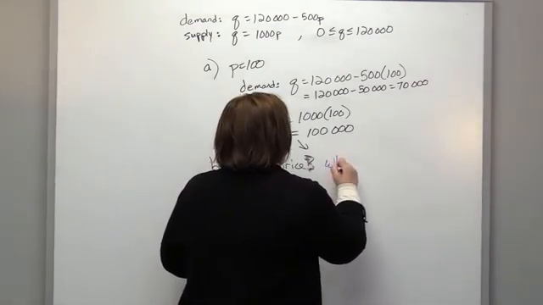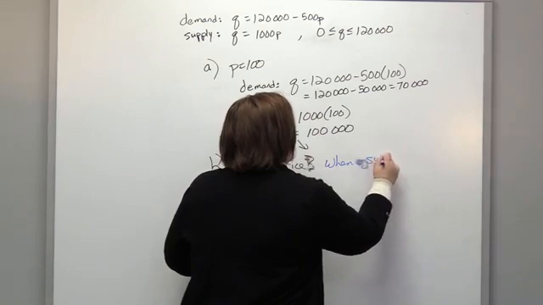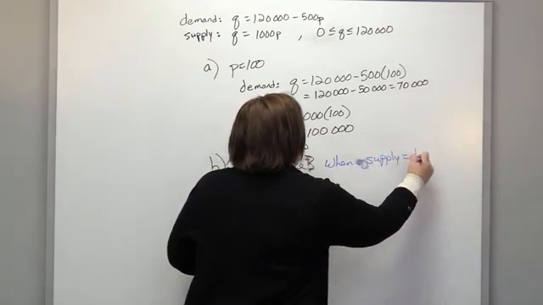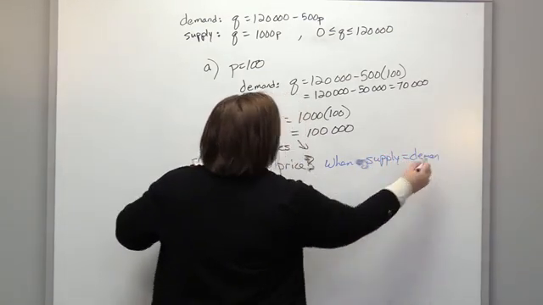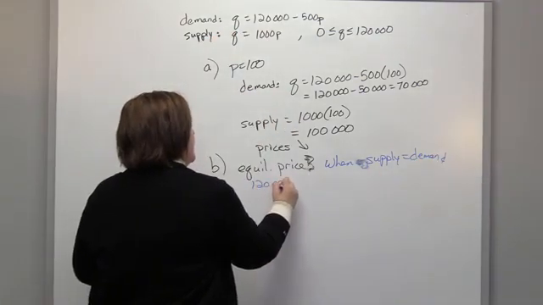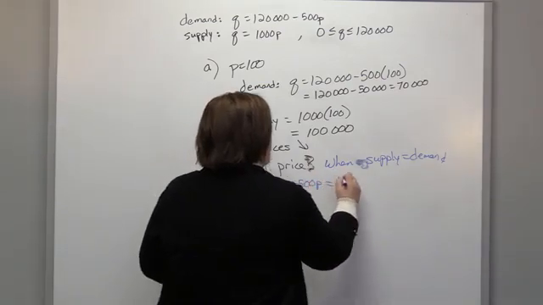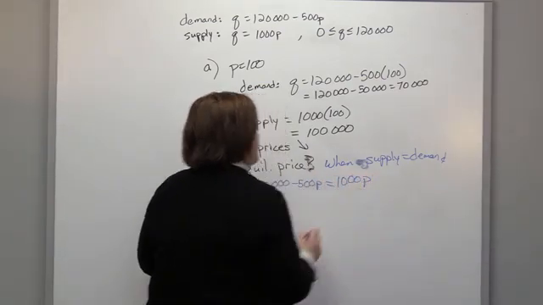This is when supply equals demand. And so we set 120,000 minus 500p equal to 1000p.